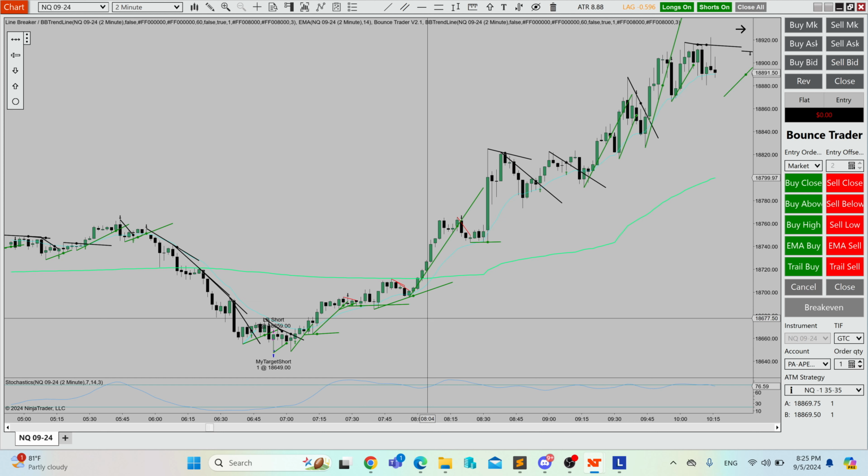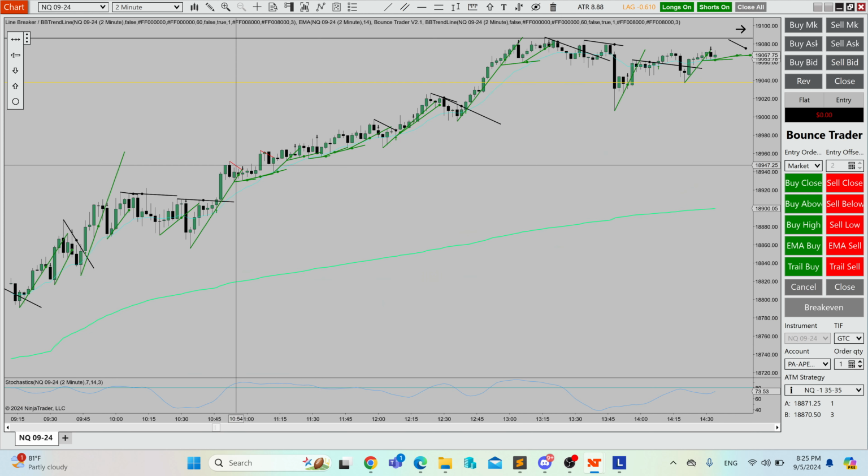Same thing here, this is 8:30, you would take it, and that would be your scalp. Same thing here: as soon as price breaks, it continues higher.